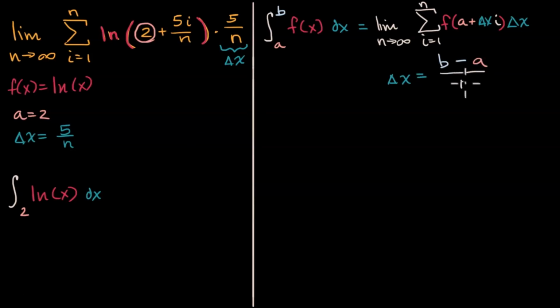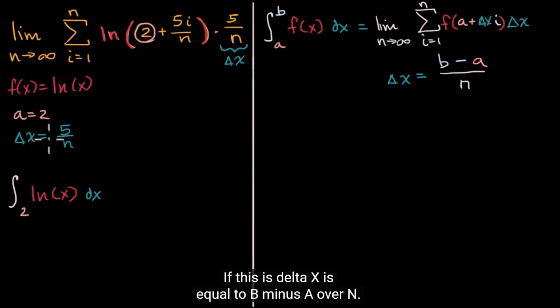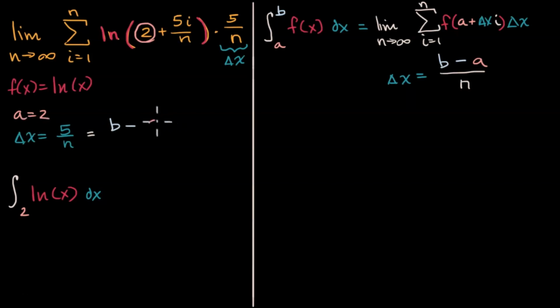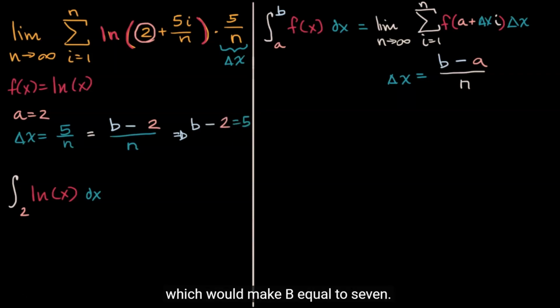And so you can pattern match here. If delta x is equal to b minus a over n, let me write this down. So this is going to be equal to b minus our a, which is 2, all of that over n. So b minus 2 is equal to 5, which would make b equal to 7. b is equal to 7.